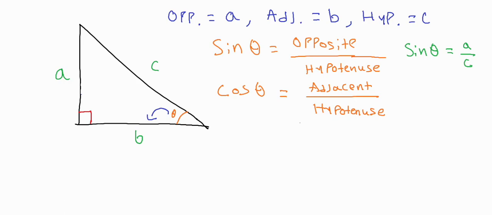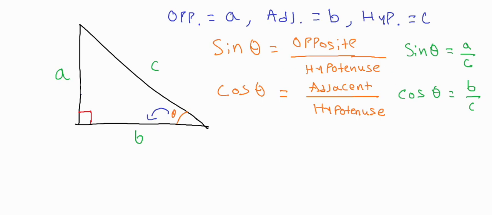Well, remember, B is adjacent to theta, because it's next to it. So cosine of theta equals B over our hypotenuse, which is opposite the 90-degree angle, or the right angle, C. So B over C. So A over C is for sine, B over C is for cosine.